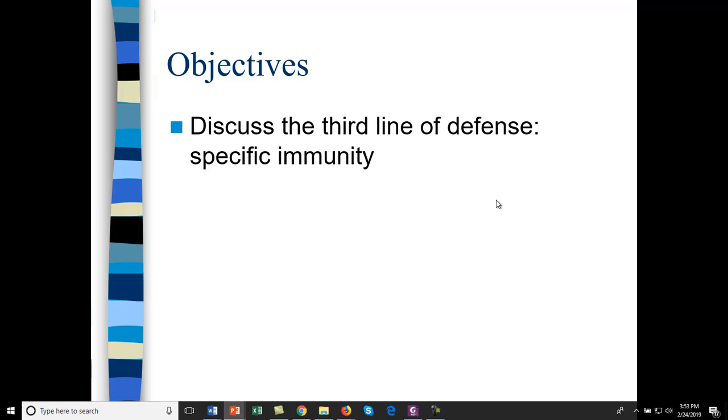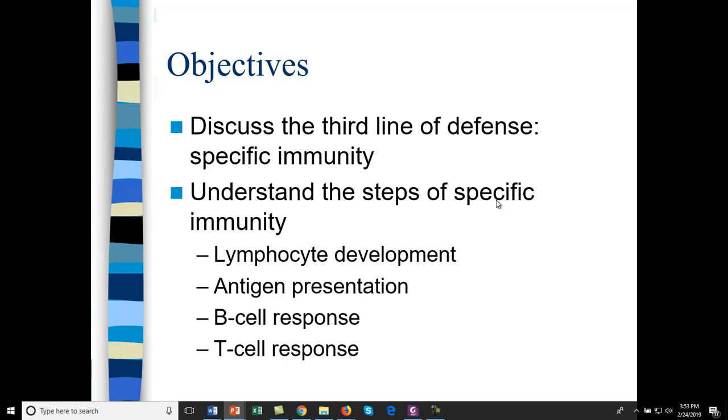Our objectives for this chapter are to discuss the third line of defense, immunity. This is the acquired immune system that revolves around T cells and B cells. We'll understand the steps in development of specific immunity: lymphocyte development, antigen presentation, B cell response, and T cell response, not really in that order.